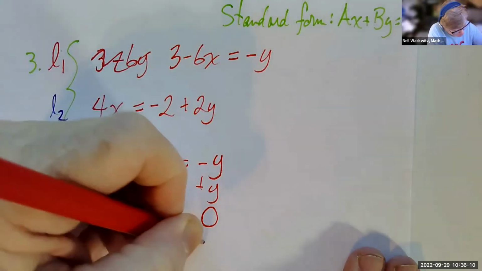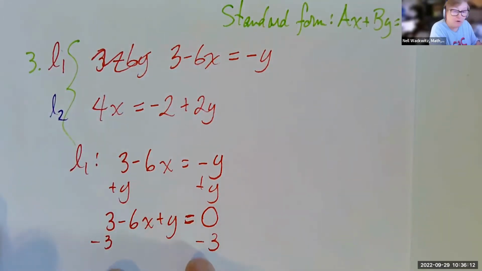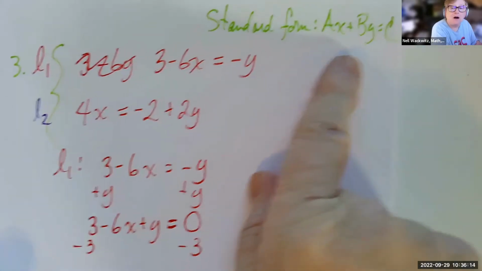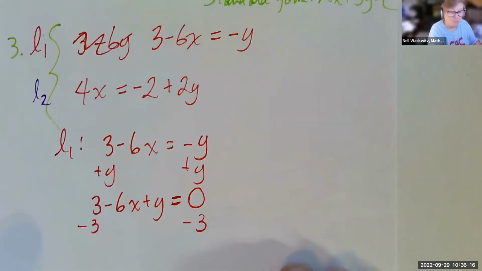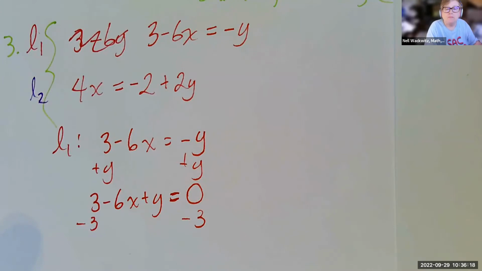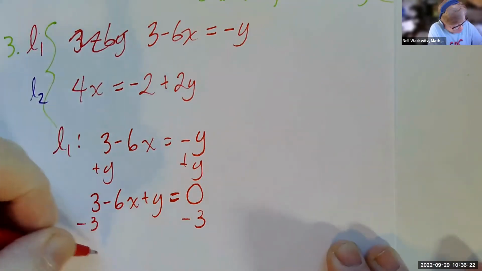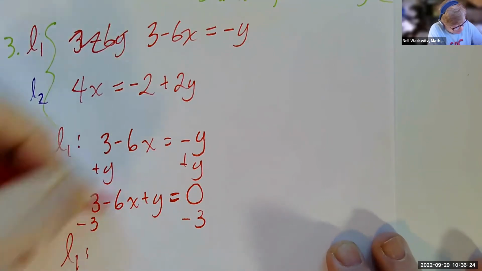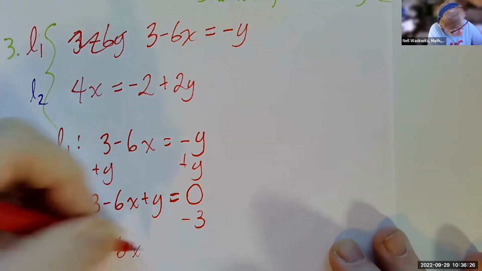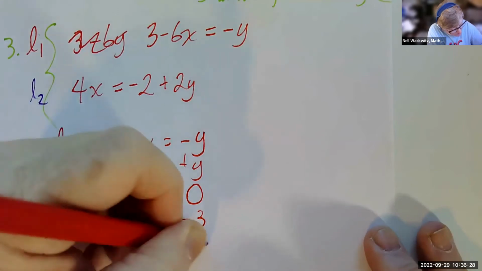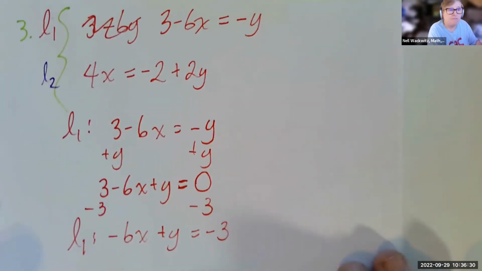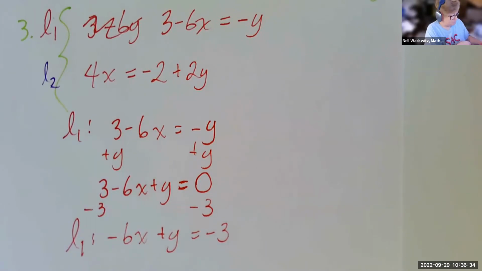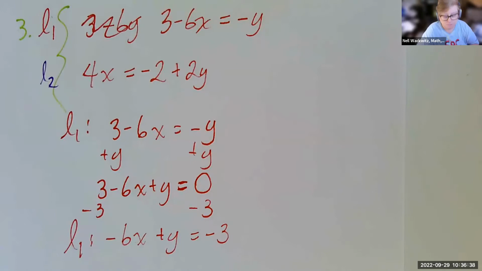Why move the 3? Because the constant has to be on the opposite side. So now we've got line 1 is negative 6x plus y equals negative 3. Okay, so that's line 1.